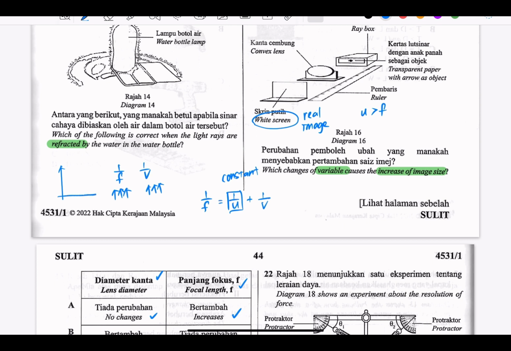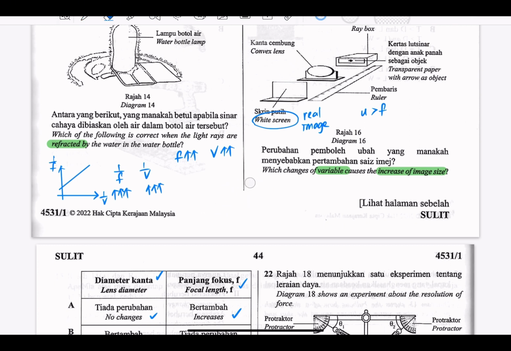When I draw a graph of 1 over f against 1 over v, since this is the constant, this is our y-axis intercept, you will get a straight line, something like that. So for 1 over f increase, 1 over v will increase also. When your focal length increases, your image distance will increase also.